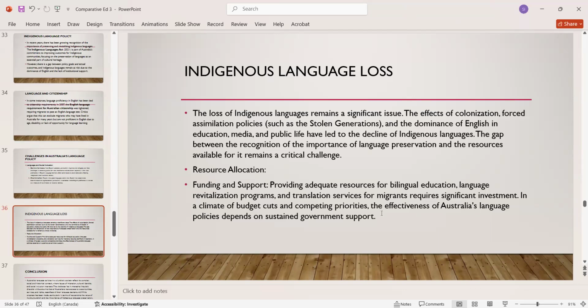In a climate of budget cuts and competing priorities, the effectiveness of Australia's language policies depends on sustained government support. According to the situation, the environment is changing.